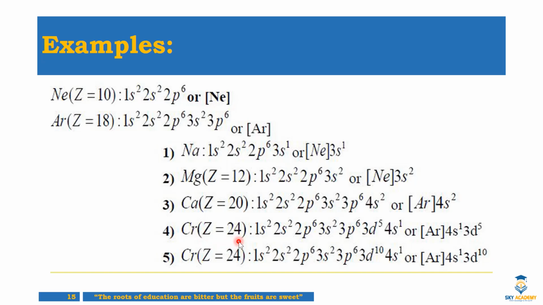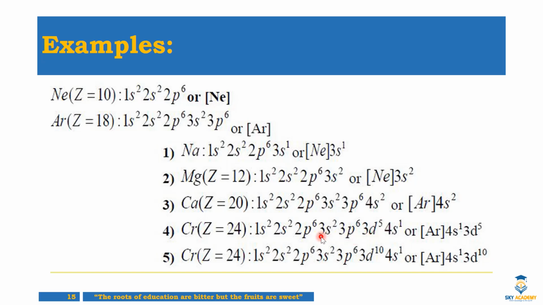For chromium, we have 1s2, 2s2, 2p6, 3s2, 3p6, 4s2, 3d4. But in order to put it, there is another thing I'm going to add. When you write this, chromium has 24 electrons.